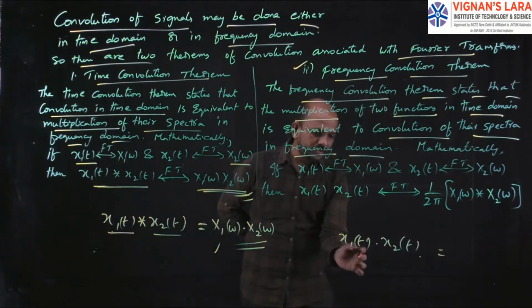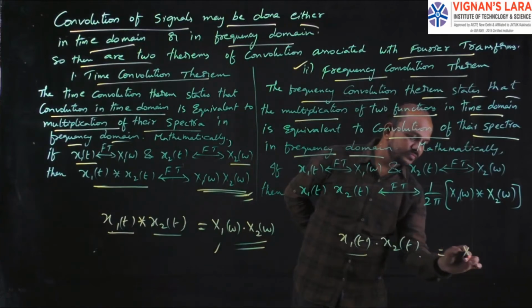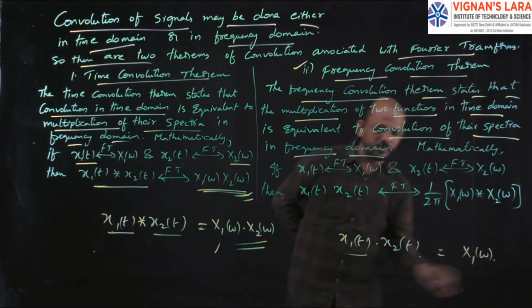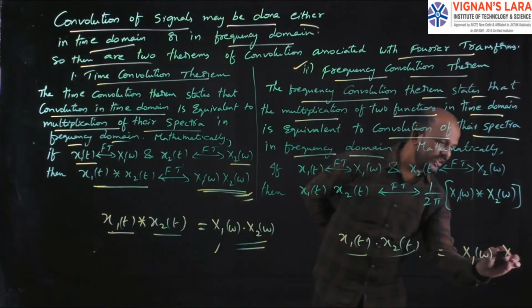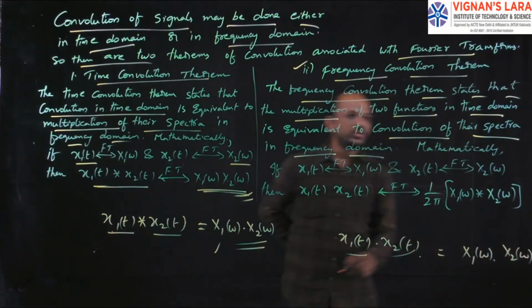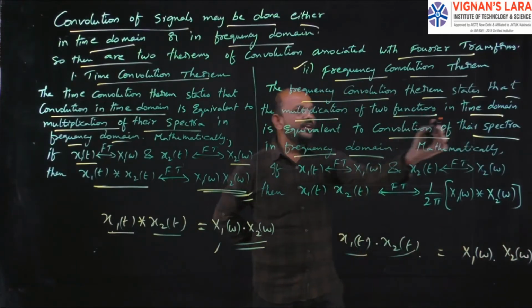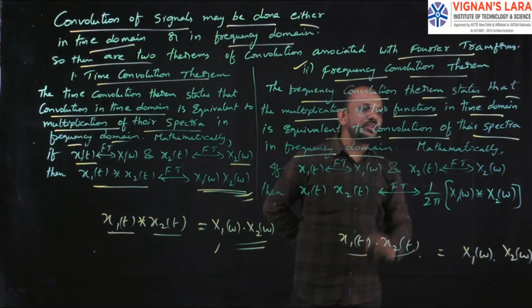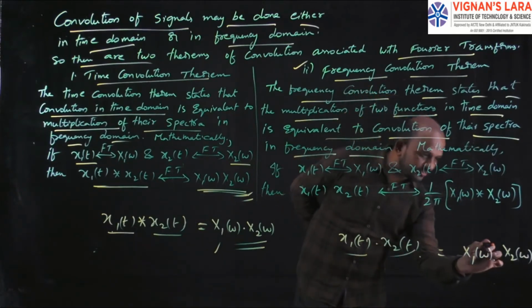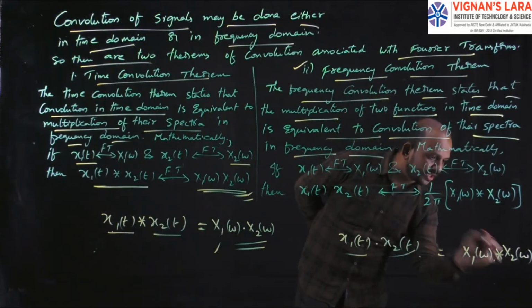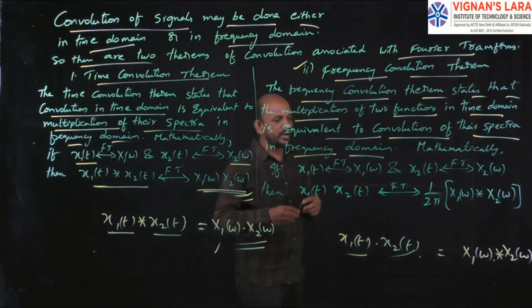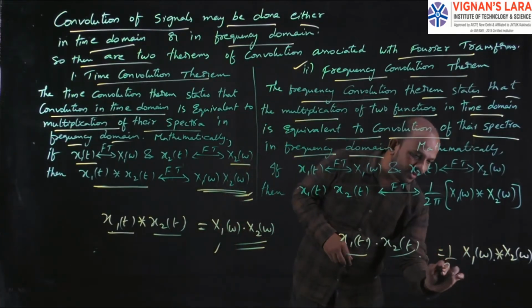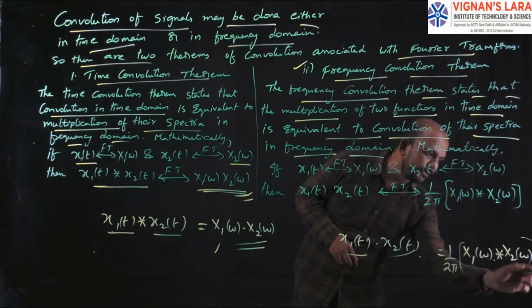So in frequency domain, the Fourier transform of this one is X1 of omega, and for this is X2 of omega. So here that is equivalent to convolution of the spectra. That is, we go for convolution of X1 of omega and X2 of omega in frequency domain. Here we will get 1 by 2 pi while performing the proof.